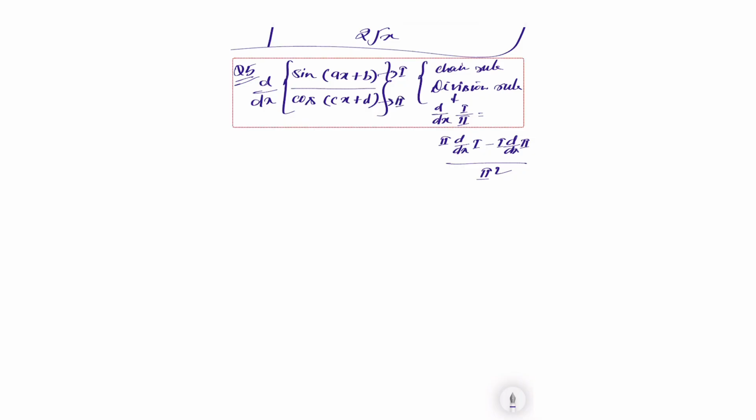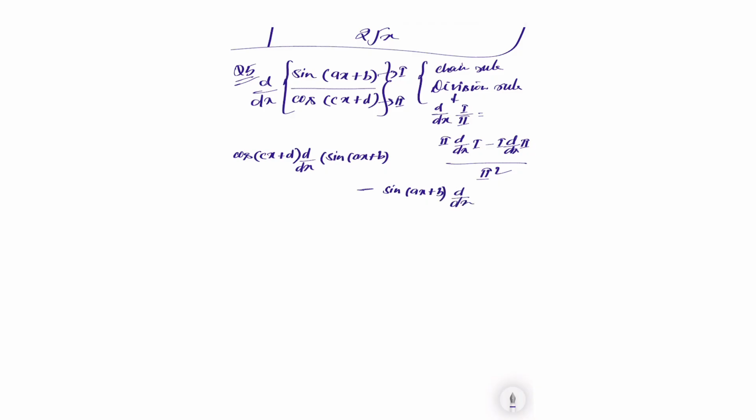Write second, that is cos(cx plus d), d/dx of first, that is sin(ax plus b), minus sin(ax plus b) d/dx of cos(cx plus d), divided by second square, that is cos(cx plus d) whole square.